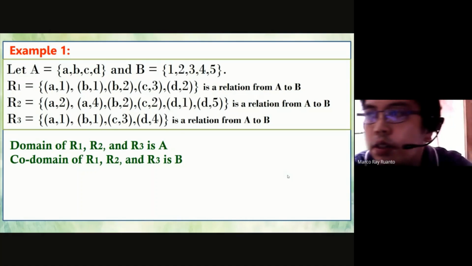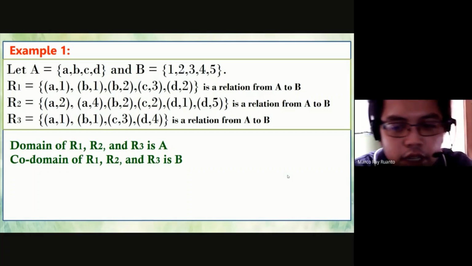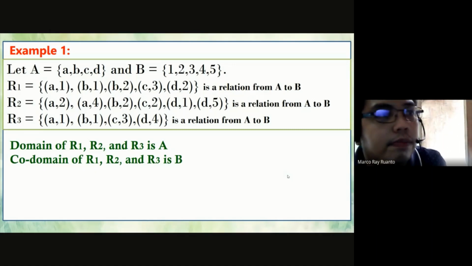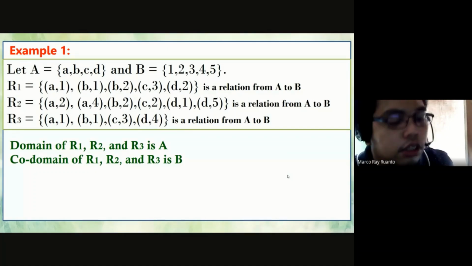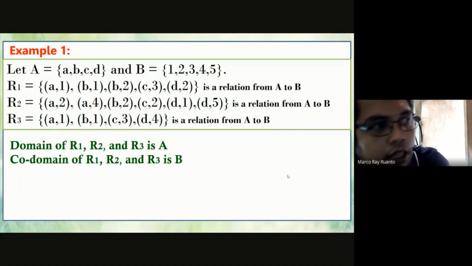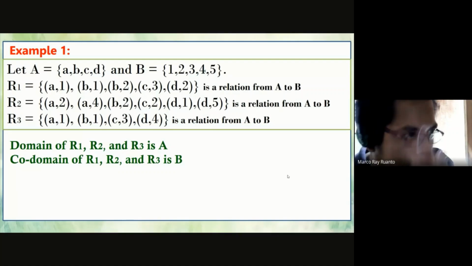Now, how are we going to determine the range? Range is the values of y in Y that correspond to some values of x in X, the small x in the capital X, the corresponding elements of x in the bigger set X, in our case, set A.